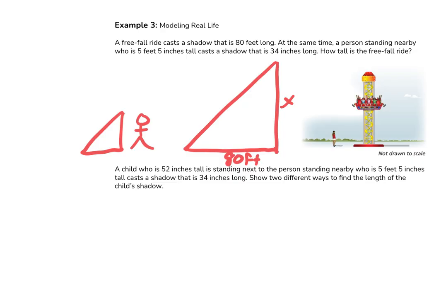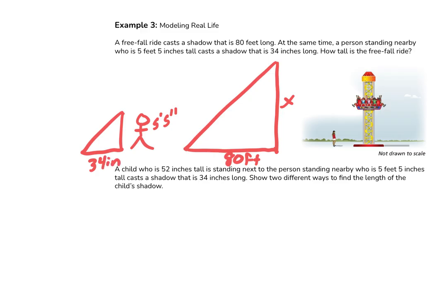Well, they show up on the ground, right? So this is going to be the ground down here, 80 feet long. Okay, you don't see like a shadow is suspended in there. That'd be kind of creepy, I think. The person is 5 feet 5 inches tall. And their shadow is 34 inches.